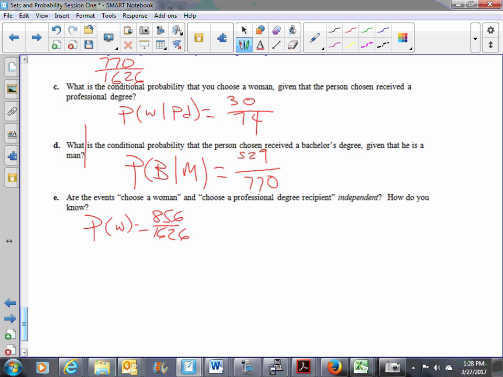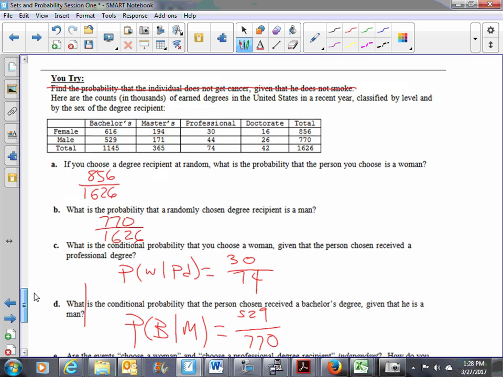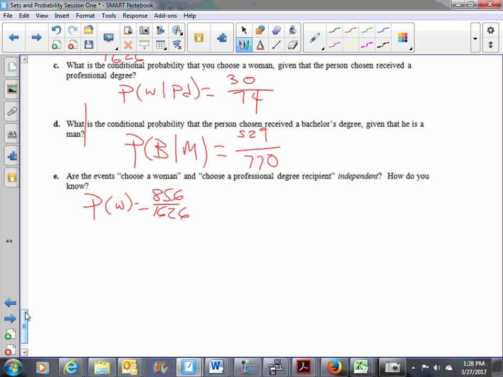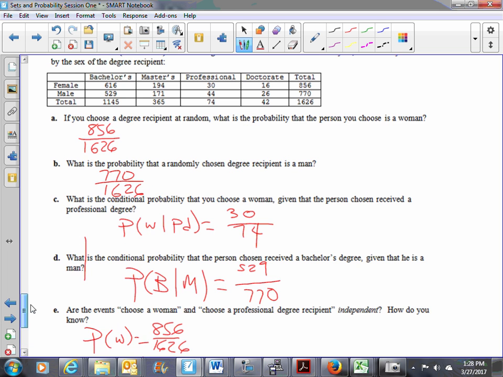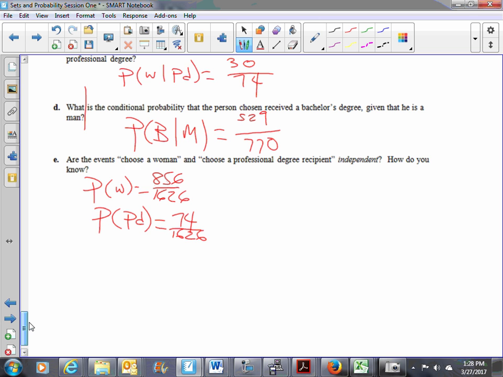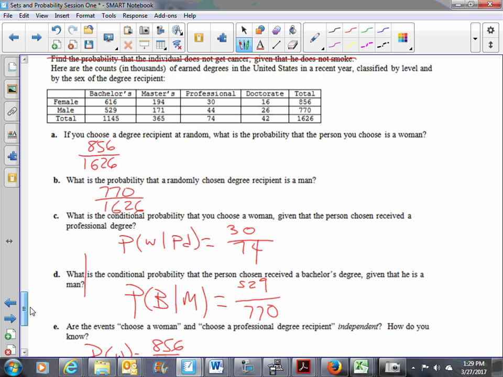Probability a person is a professional degree recipient is 74 over 1626. Let me just check that to make sure. Okay. Now, what is the probability woman and professional degree? Well, that would be 30 over 1626.